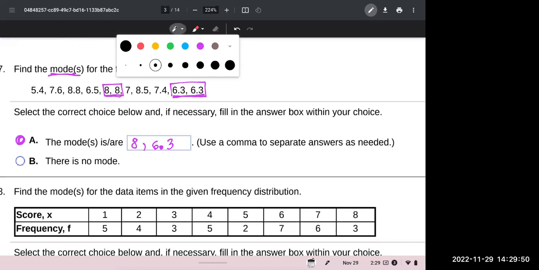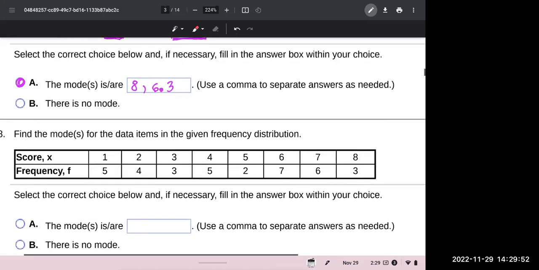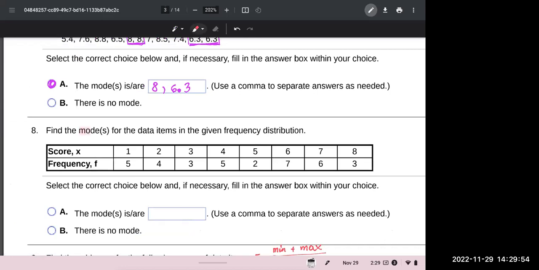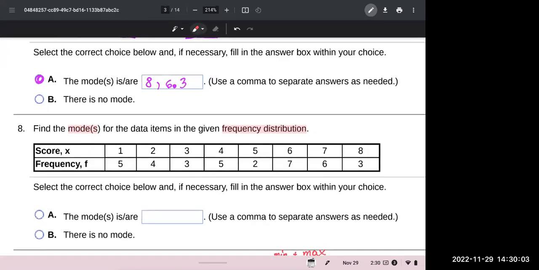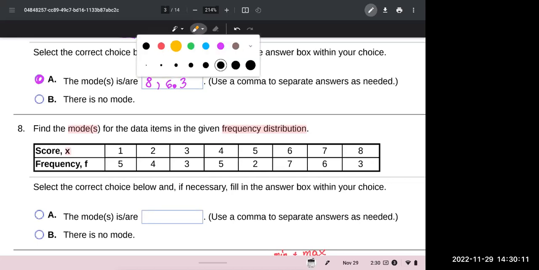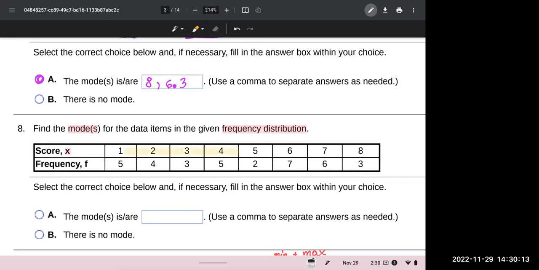Next one is number 8. You have to find the mode from the frequency distribution table. Remember that when they give you a frequency distribution table, x represents the numbers: 1, 2, 3, 4, 5, 6, 7, 8.